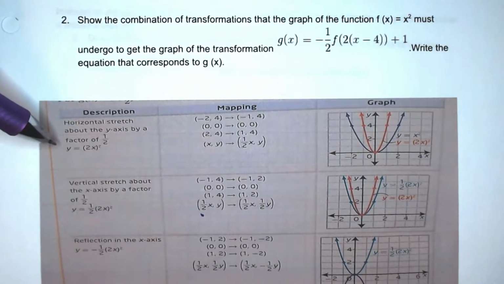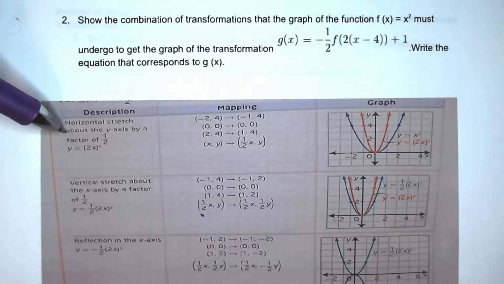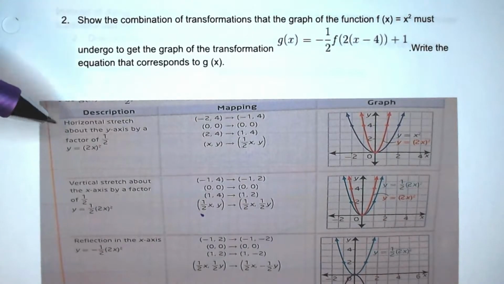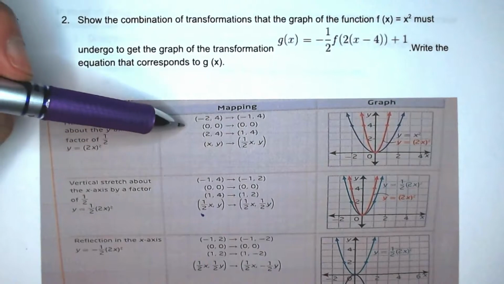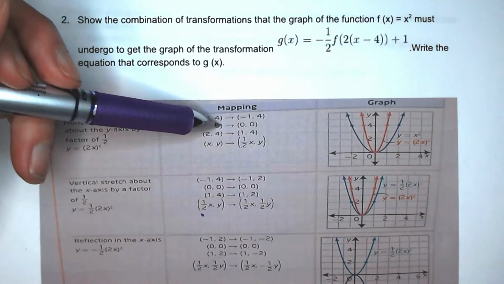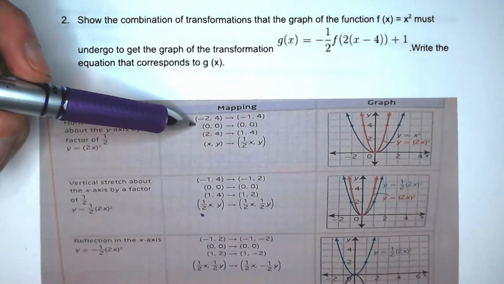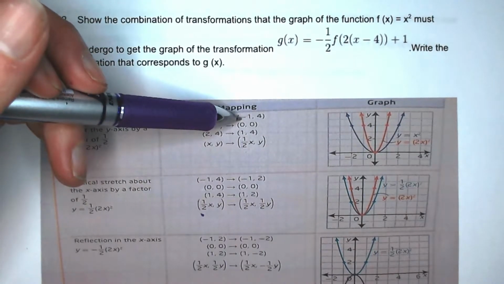We're going to start with the horizontal stretch about the y-axis by a factor of 1/2. So we're going this way across the y-axis. Now, if you notice, the points have changed. They've gone from negative 2, 4 to negative 1, 4.